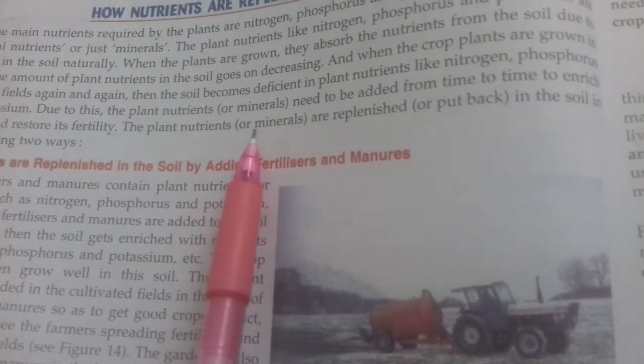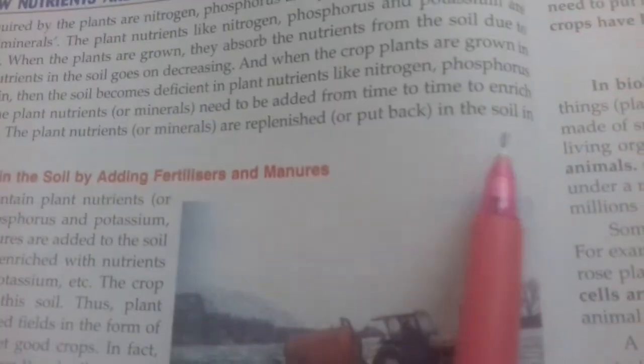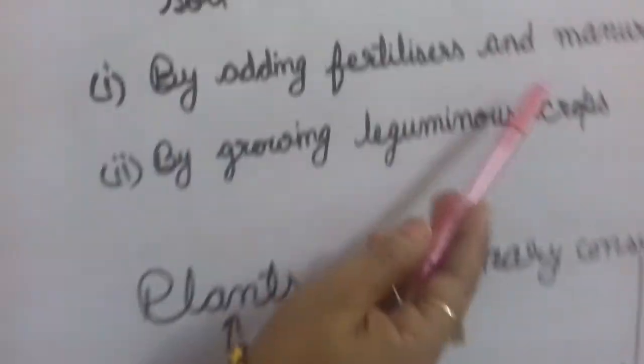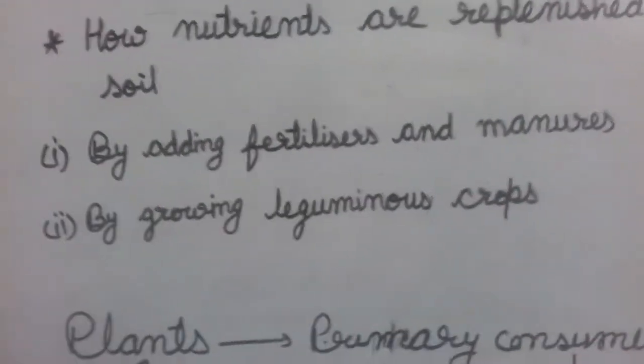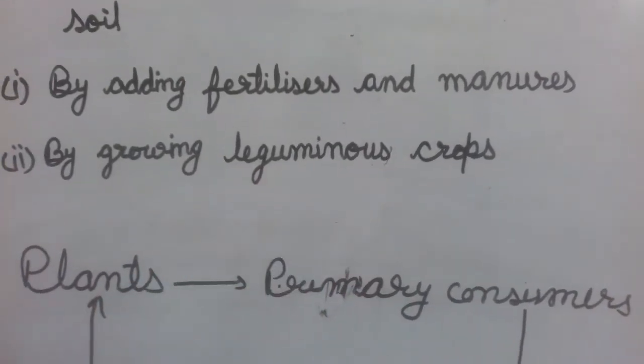The plant nutrients are replenished or put back in the soil in the following two ways. The first one is by adding fertilizers and manures, and second by growing leguminous crops.